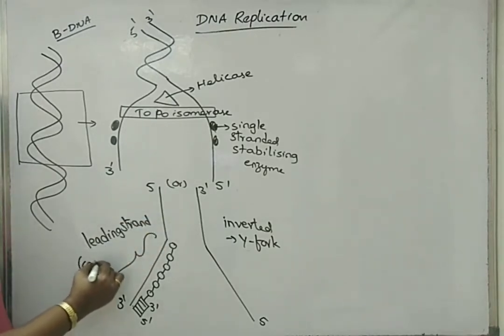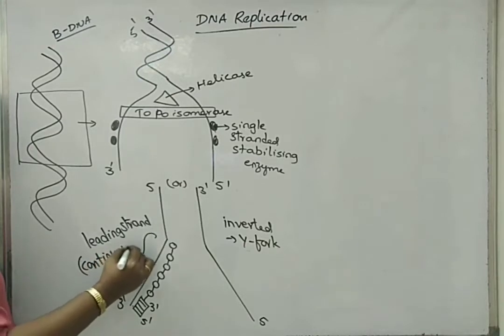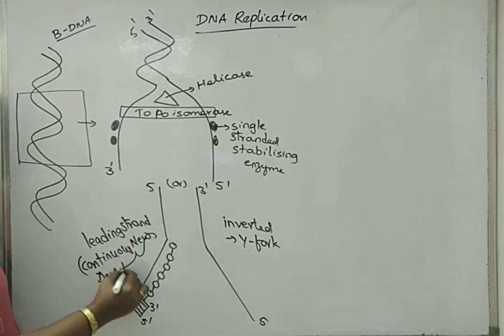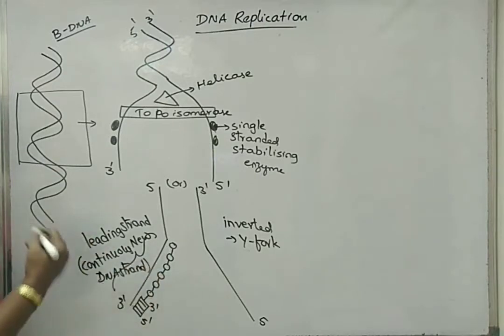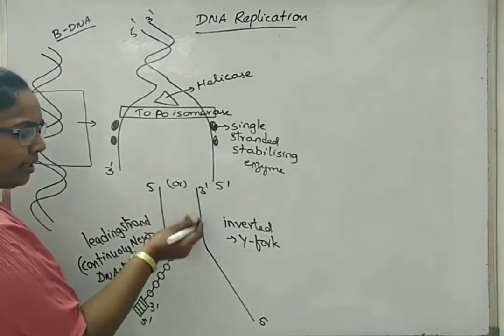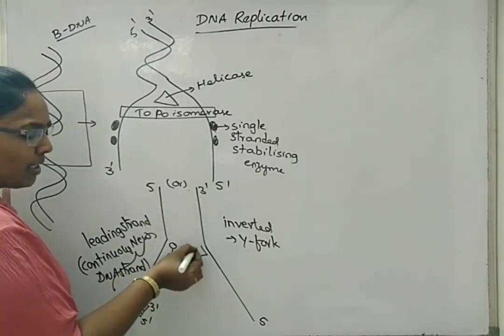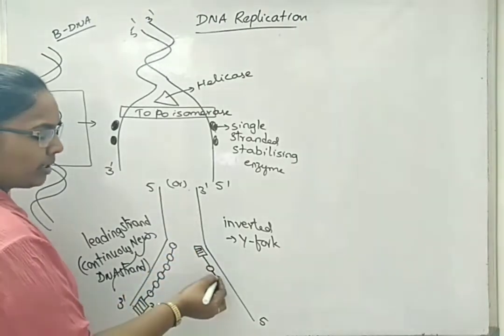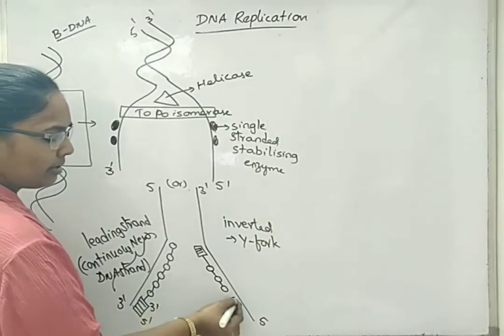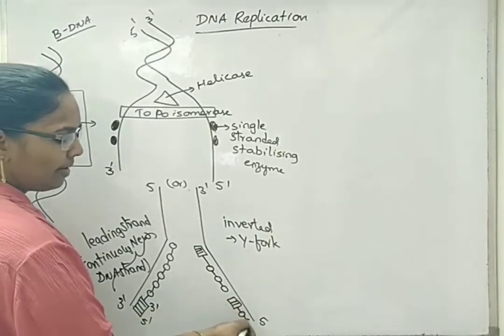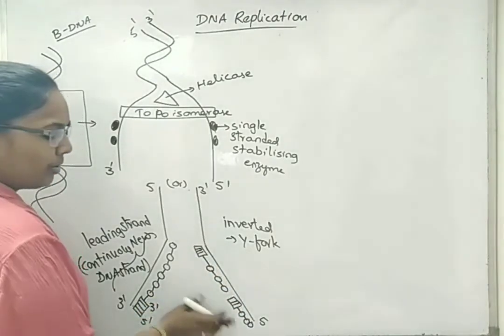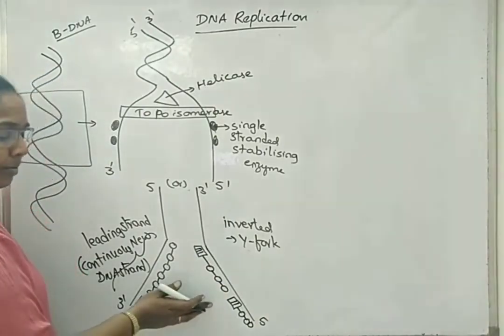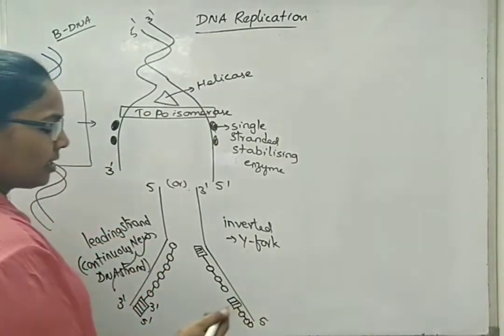which gives a continuous new DNA strand. But here, this is the 3' end on the other template strand. So the RNA primer has to be here. It is giving out new nucleotides which are attached. So it is giving discontinuous strands. We will discuss how later while drawing the structures.